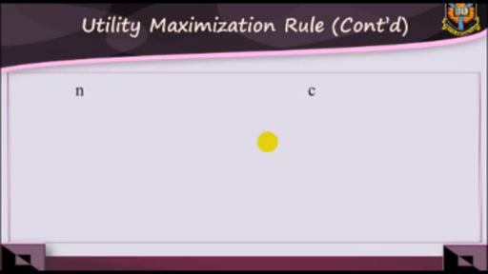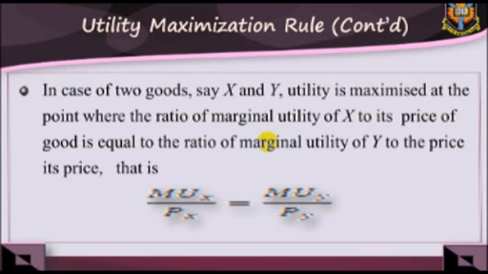In the case of two goods, say X and Y, utility is maximized at the point where the ratio of MU of X to its price is equal to the ratio of MU of Y to its price.